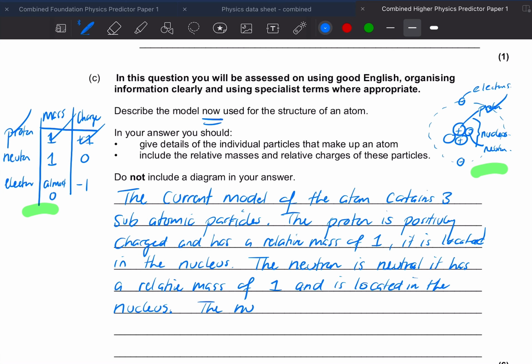The nucleus has a positive charge, and that's because it contains just the protons and the neutrons. Neutrons are neutral, so the protons are positive, so they can only be positive.